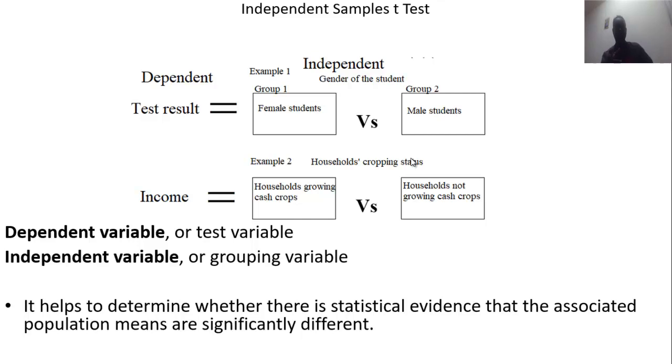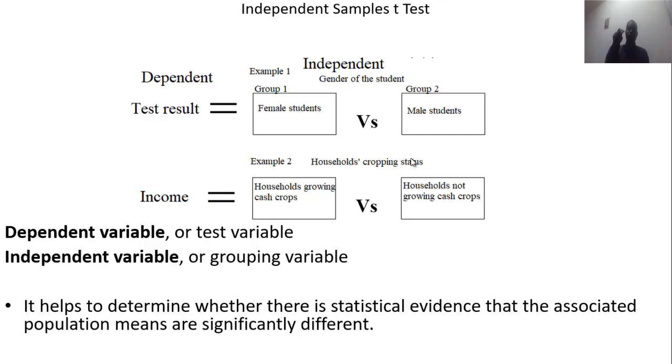And the independent variable, on the other hand, should be a categorical variable. Categorical variable in the sense of a variable that has groups within itself. For example, the gender of the student.